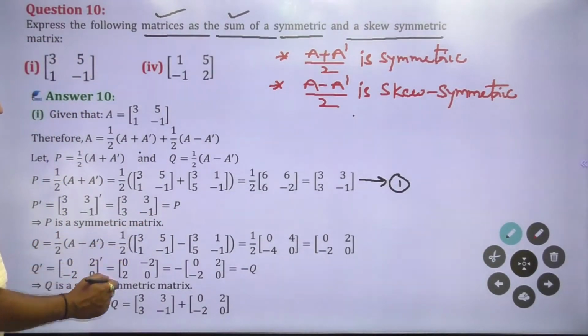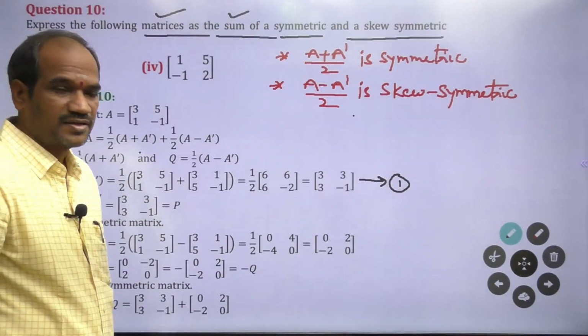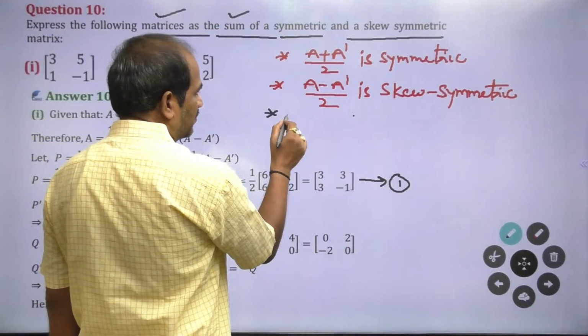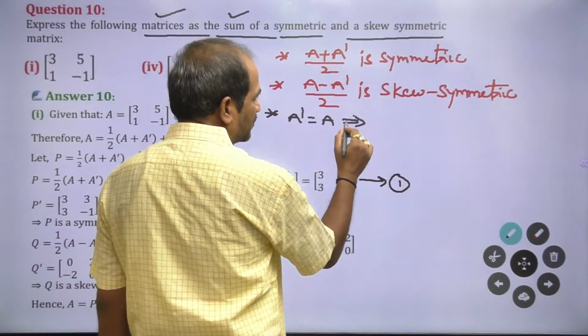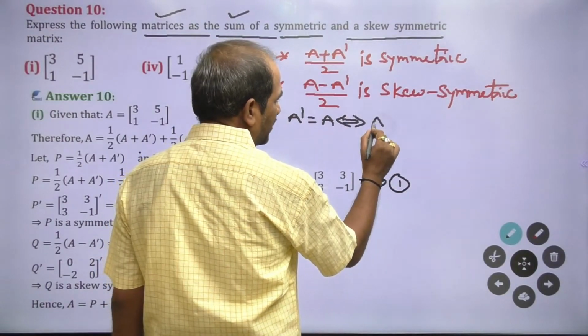The condition A dash equals A holds if and only if A is symmetric.